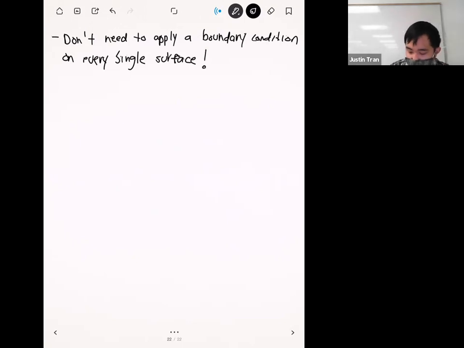And so far we haven't, right? And so you think back to our last two activities, there are a bunch of surfaces and a bunch of edges in our domains where we didn't apply any boundary conditions. Okay. And so technically you do need a boundary condition on every surface, but when you don't apply a boundary condition there, what Ansys is going to do is that it's going to apply a default boundary condition. Okay?